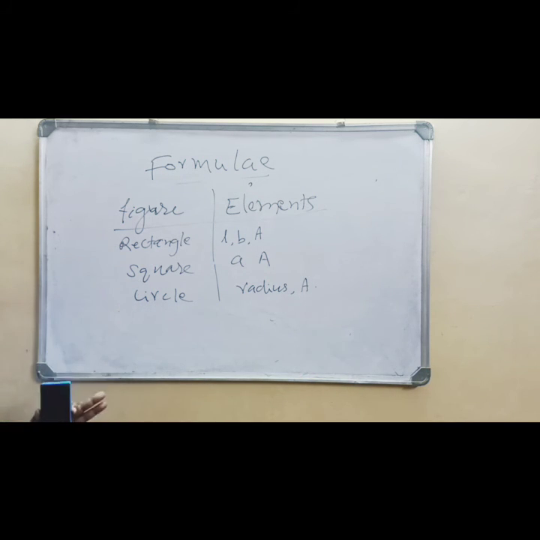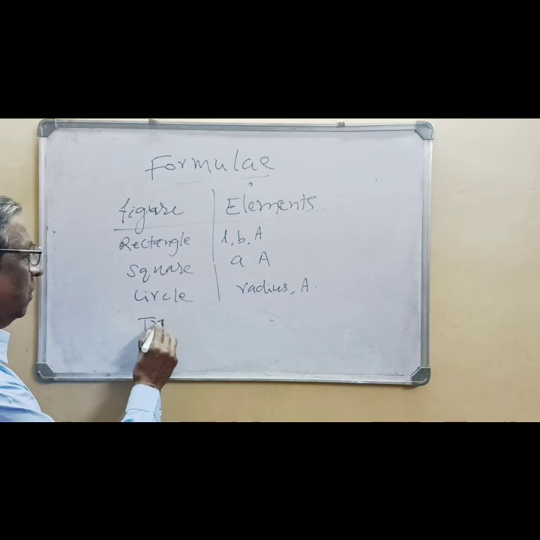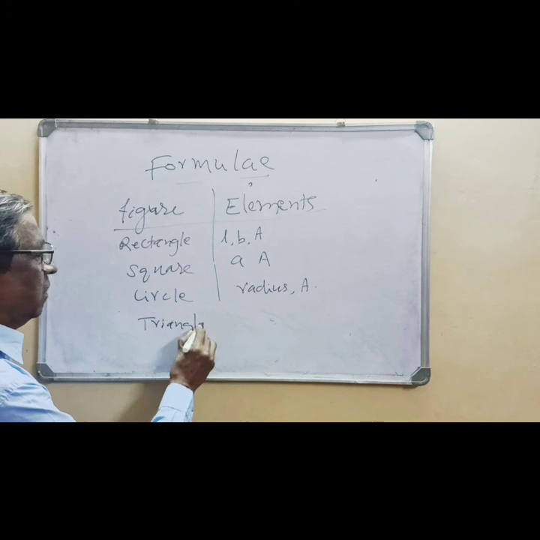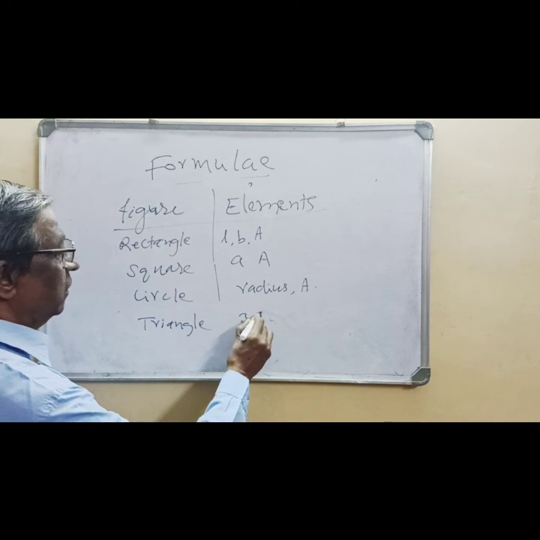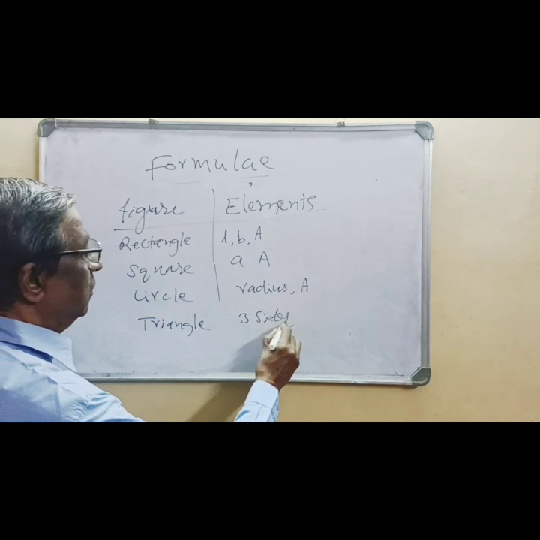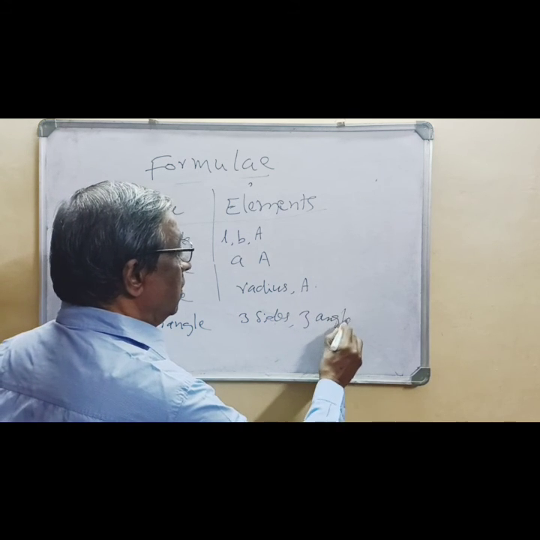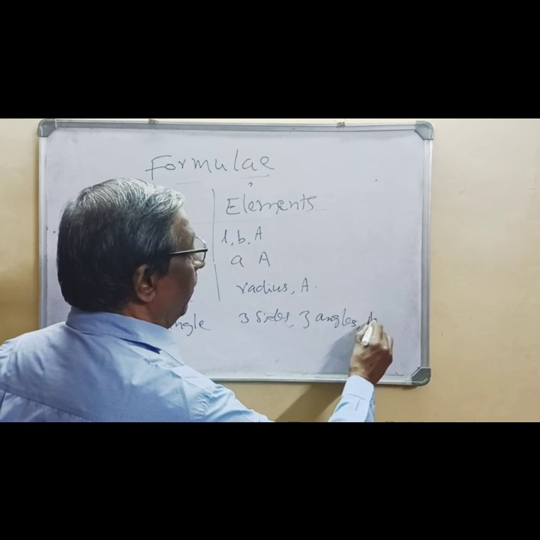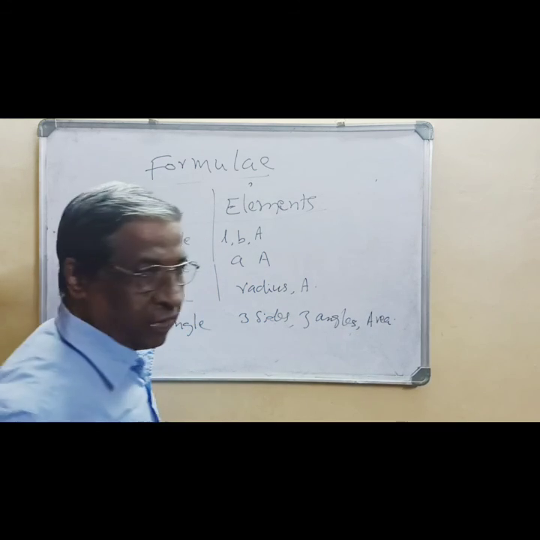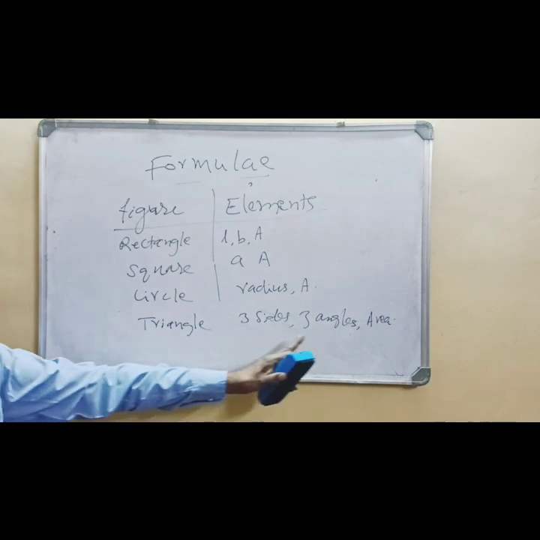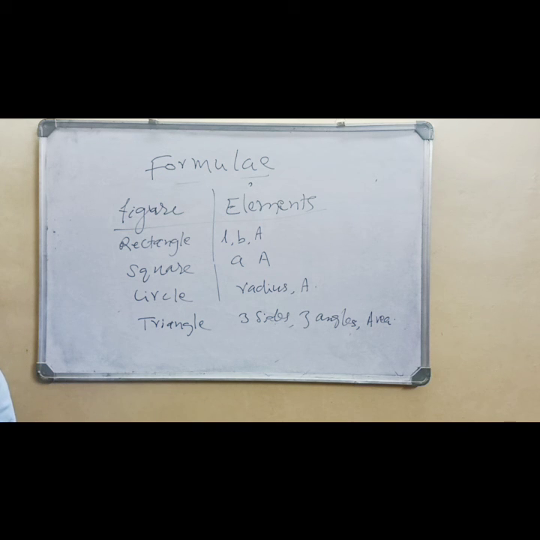So, in a triangle also, if you take a triangle, 3 sides, 3 angles, and area. These are the quantities. That is why we use small letters.